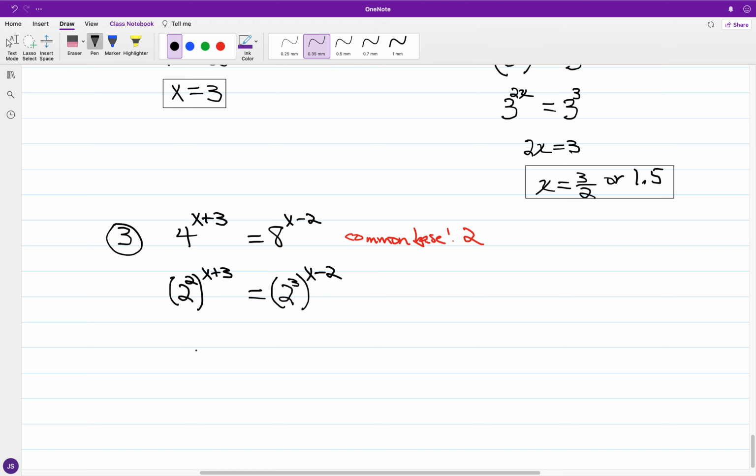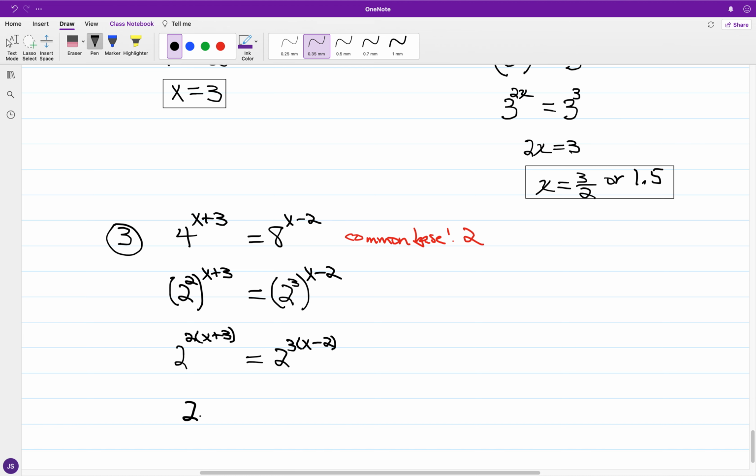Now with the power property, we have 2 to the 2 times all of x plus 3. And for 8 to the x minus 2, we got 2 cubed to the x minus 2, so that's going to be 2 to the 3 times all of x minus 2.